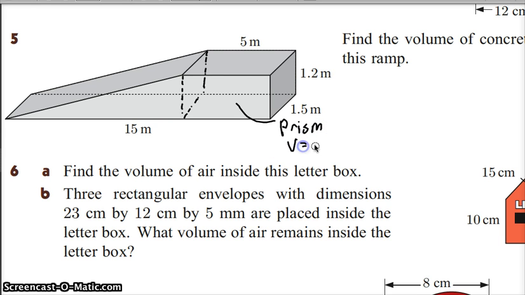And the volume is area of base times by your height. Area of your base, what shape have I got? I've got a rectangle. So the formula, length times width times by height. Length times width, 1.5 times 1.2 times by the height. Don't worry about doing it.